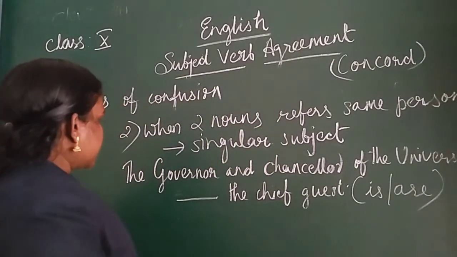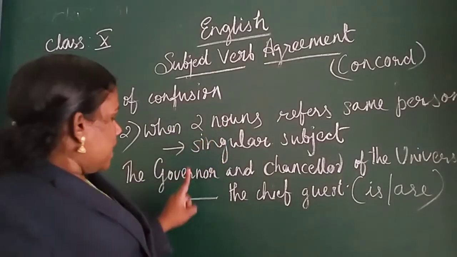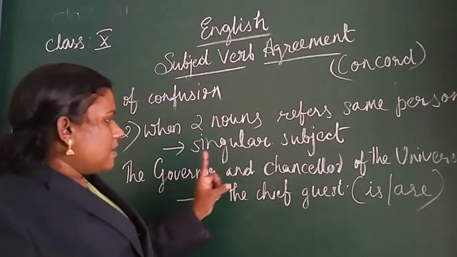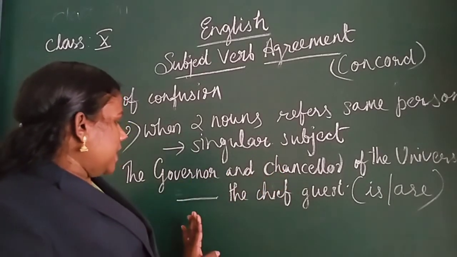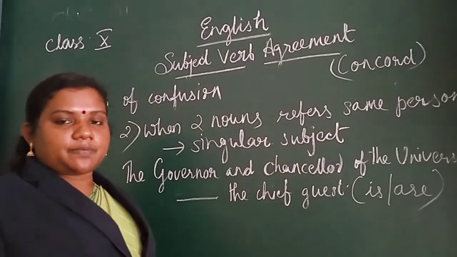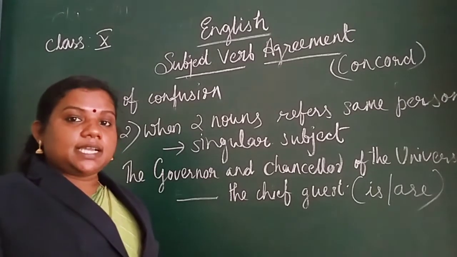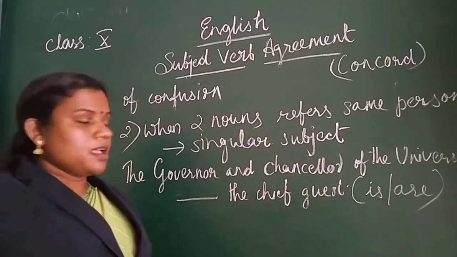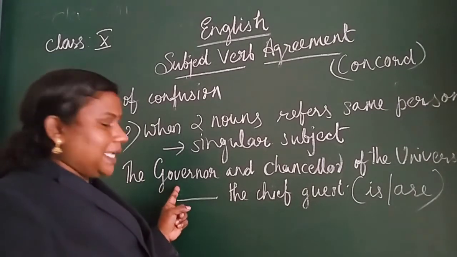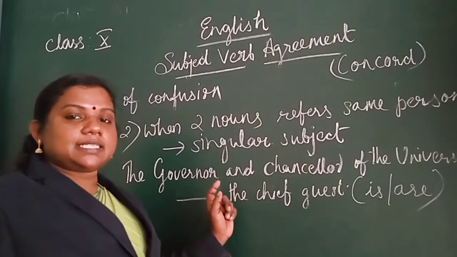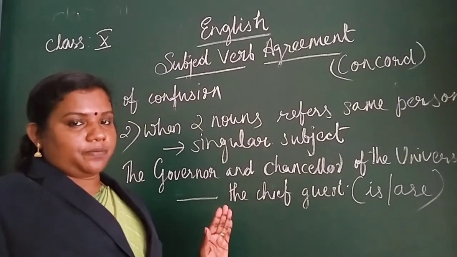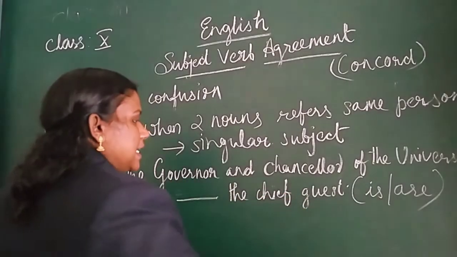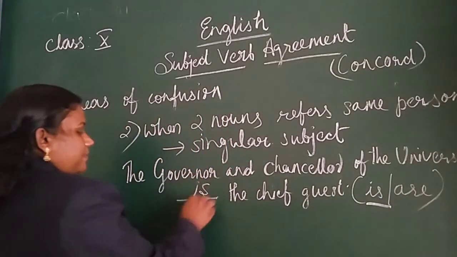Here you see, students, two nouns, governor and chancellor. Actually, a state governor is the chancellor of that university. That means governor and chancellor is the same person. So we will select: the governor and chancellor of the university is the chief guest.